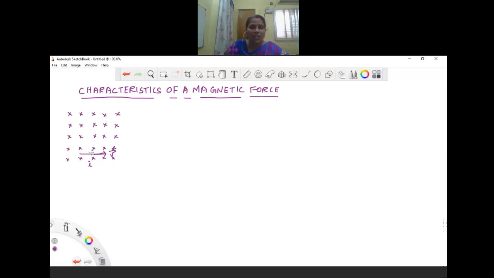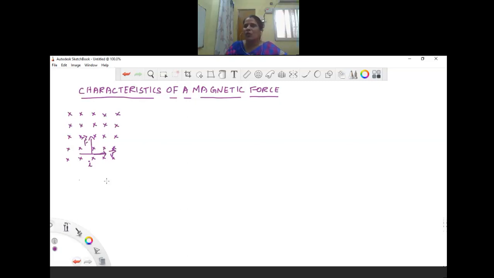And what will be the direction of the force? The direction of the force will always be perpendicular to this velocity. So this is the direction of force.